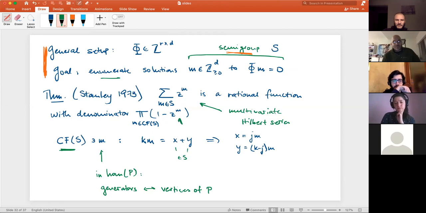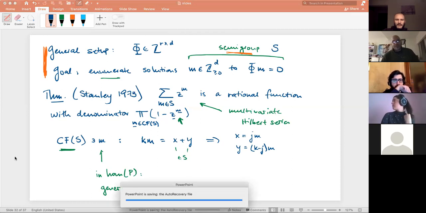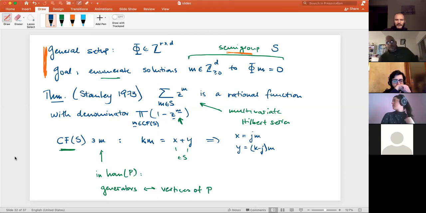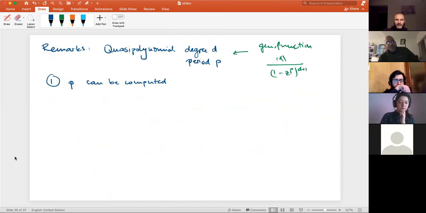So this was multivariate. Remember, these things here are still multivariate generating functions, and after specialization, we read off the period of your quasi-polynomial. And so I know p if I know the completely fundamental solutions of my semigroup. And this goes a little bit with my remark that you sometimes want to go back and forth. So this comes from here.